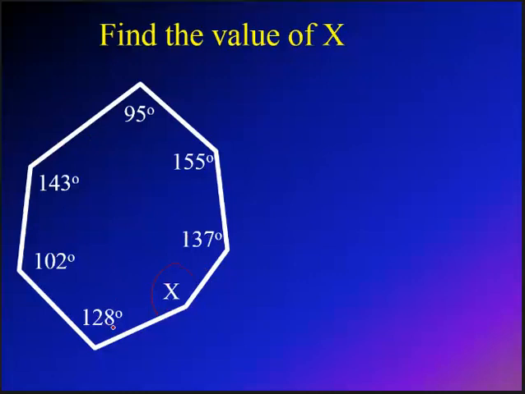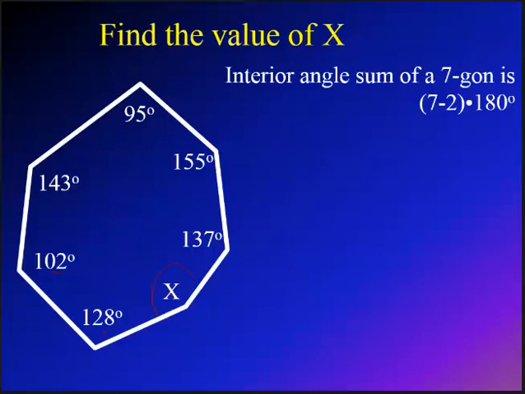How many do I have? I have 1, 2, 3, 4, 5, 6, 7. 7 angles. So I'm going to take that 7, subtract 2 from it. That gives me 5 triangles. Each triangle is 180. So I have a total of 900 degrees.